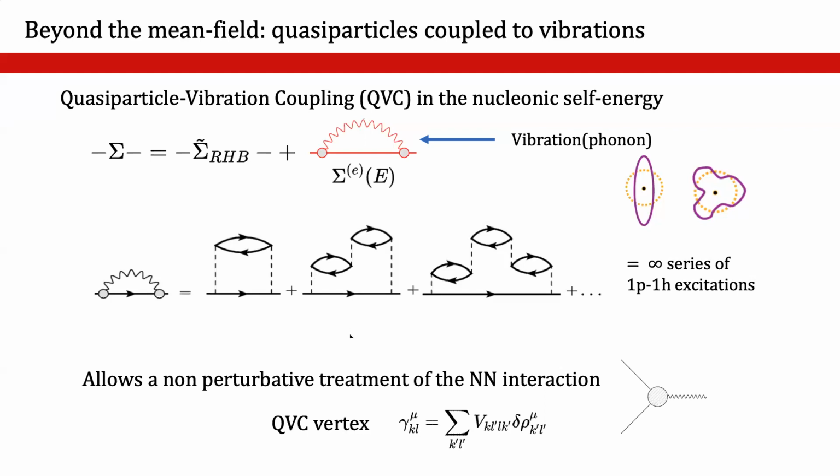And we can get the quasi-particle vibration coupling vertex. And this vertex includes the single particle degrees of freedom and transitions and the collective motions.